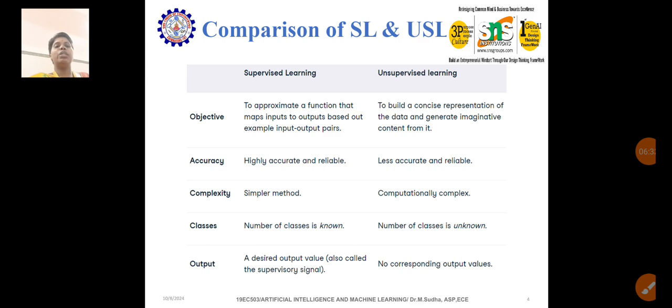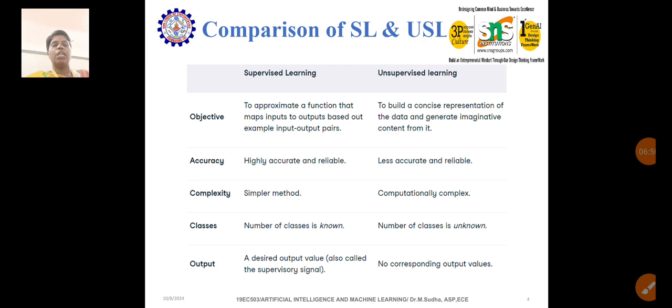Coming to the output, supervised learning has the desired output value, also called the supervisory signal, and here we don't have any corresponding output values. This is how the comparison takes place.